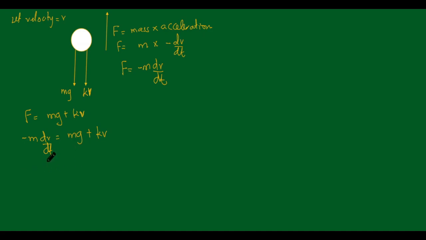On dividing both sides by m, we have minus dv dt is equal to g plus kv. We can now collect like terms, bringing all the terms involving v to one side and those without v to the other side. So we have kv plus dv dt is equal to g.